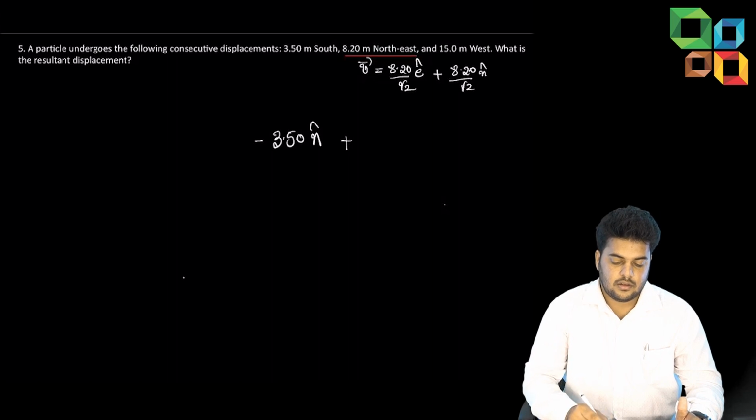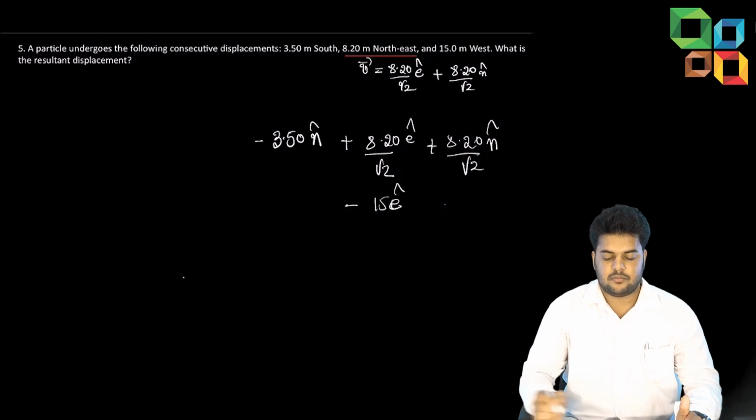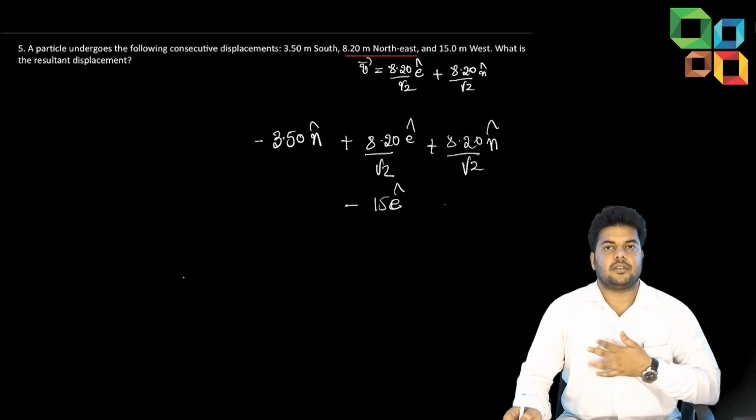Plus 8.2 meters northeast, that is nothing but 8.20 divided by root 2 eastward plus 8.20 divided by root 2 northwards. And 15 meters to the west, but west for us is 15 meters negative east. So these are the vectors.